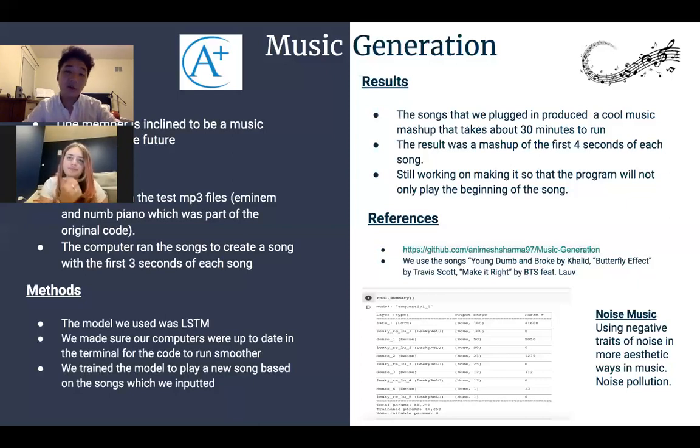Adding on to what Lily said about making the program better, we tried this about 2 to 3 days ago. We tried adding a shuffle code, which would shuffle the music around so that it wouldn't just be the first few seconds of each song playing one after another, hence the name shuffle.